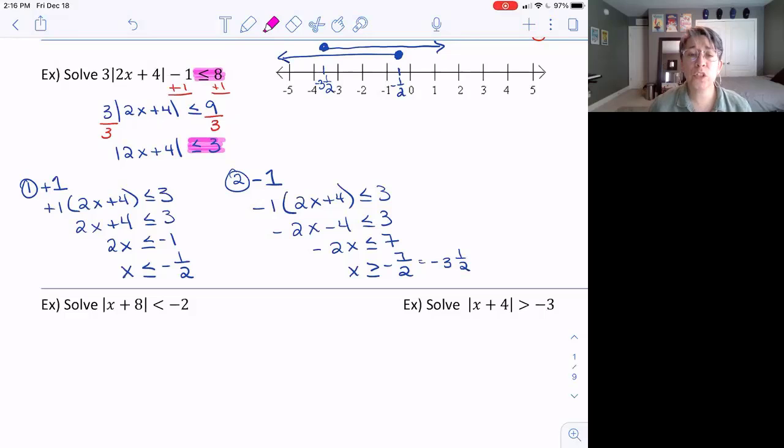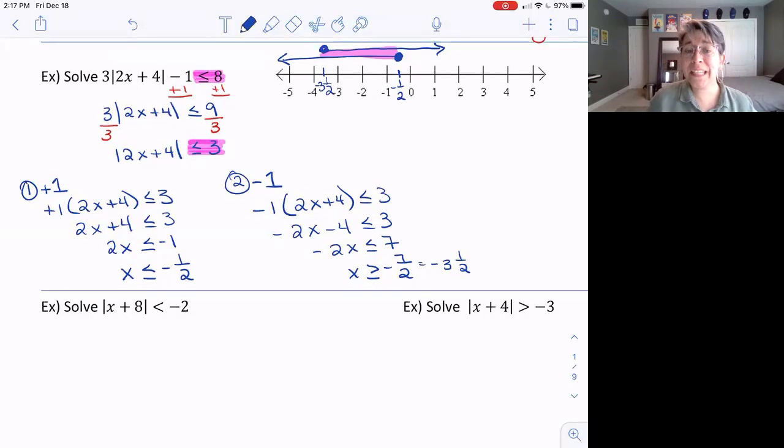So in this case, we look to see where these two intervals overlap. And they overlap here between the -3.5 and -1/2. So you can leave it as -3.5 if you want to, but recall that we have a less than or equal to. So that means we're going to use brackets to show that our endpoints are included. -3.5 all the way to -1/2, both endpoints are included.